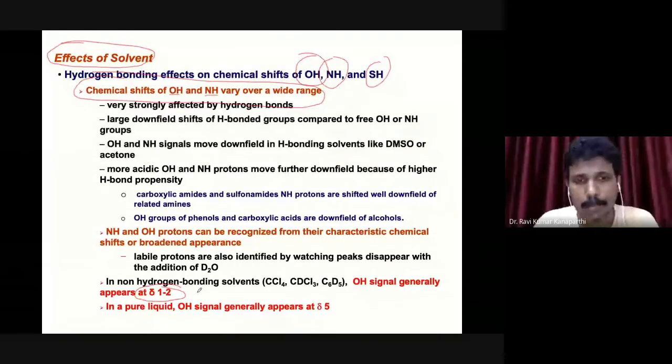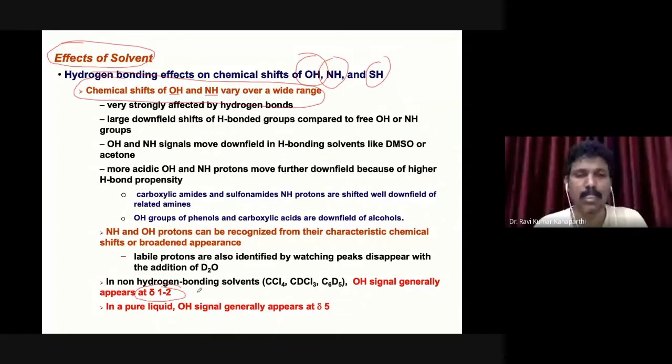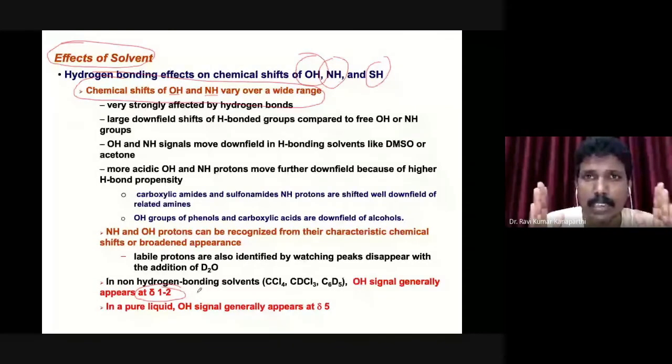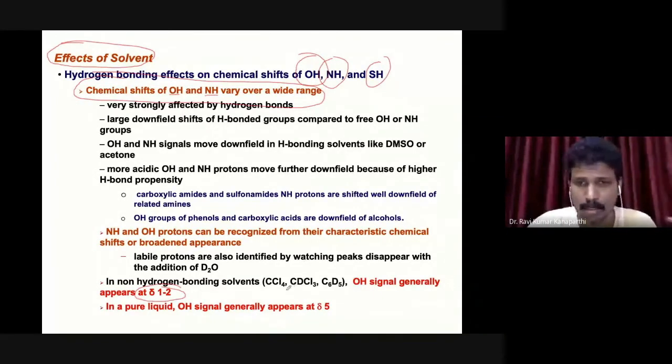Nobody buys a sealed bottle each and every time, but we continue to use it over a month, or sometimes more than a month. So the point is that if the solvent is neat, whether it is deuterated chloroform or deuterated benzene or whatever it is, and in your compound there is an OH, then such an OH proton you can find at 1 to 2 ppm.